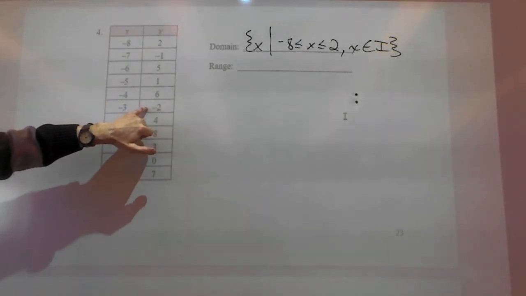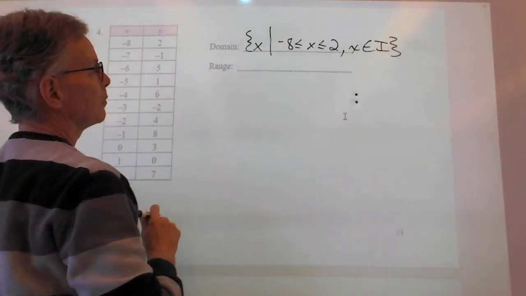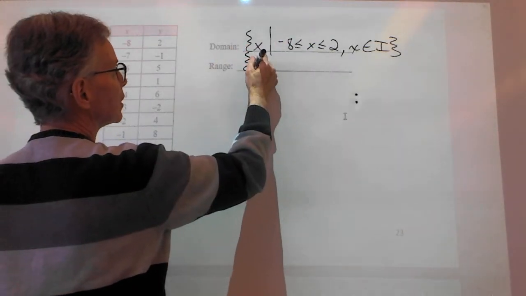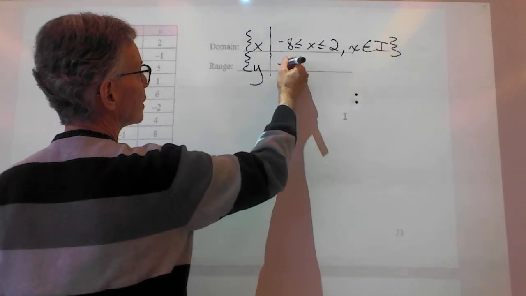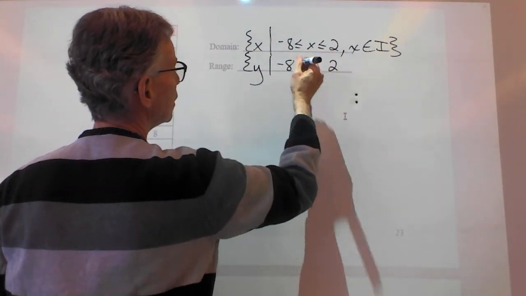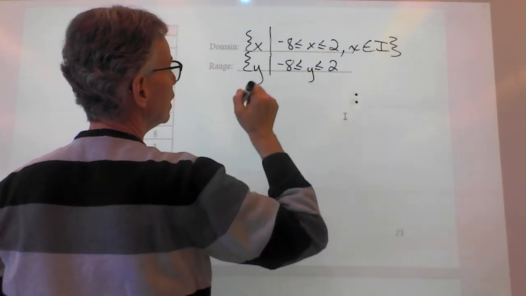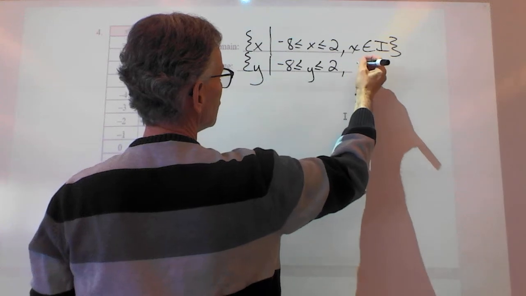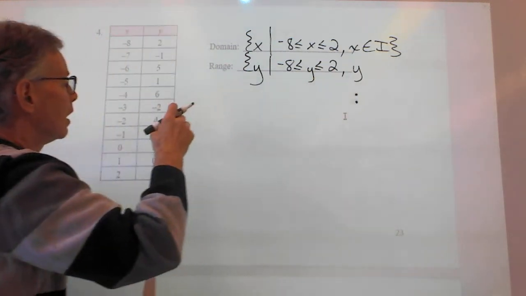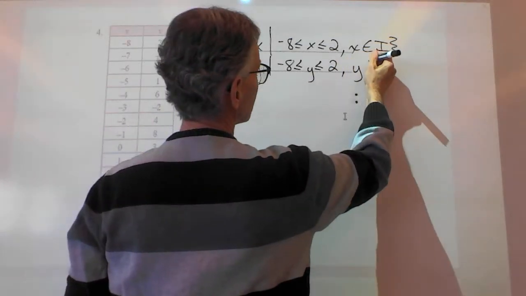And they go from a low of negative 2 to a high of 8, just like the domain. So our range becomes y values such that we have a low value of negative 8, a high value of positive 2, y is in between, has to be greater than or equal to negative 8, less than or equal to positive 2. And just like with my x's, my y's belong to the set of integers.